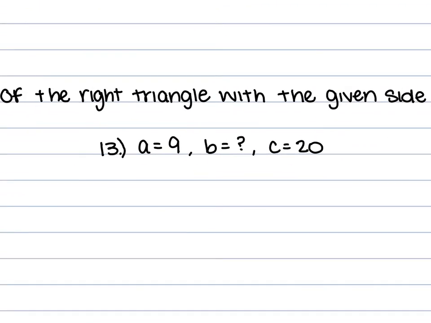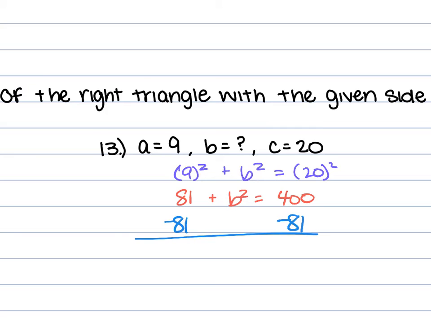For 13, we have a is 9, b is something, and c is 20. So it's going to be 9 squared plus b squared is equal to 20 squared. And 9 squared is 81 plus b squared is equal to 400. We subtract 81 from each side.